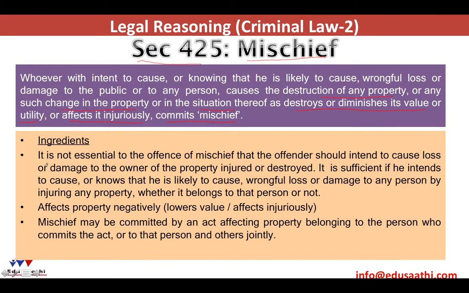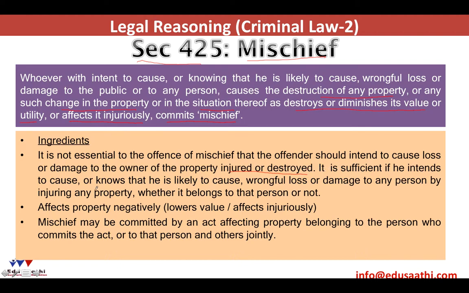So the ingredients of mischief are: it is not essential to the offense of mischief that the offender should intend to cause loss or damage to the owner of the property injured or destroyed. So the intention to cause damage to the owner of the property is immaterial. If there's no intention to cause such damage, it would not be material in the offense of mischief.